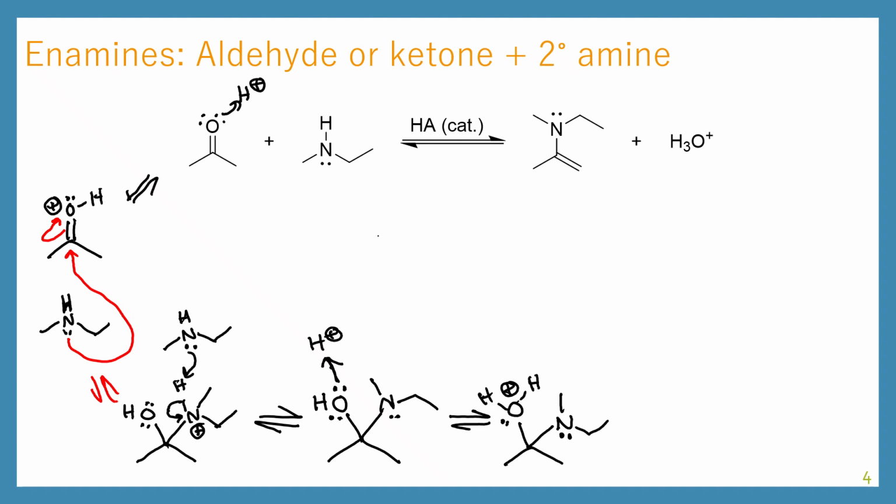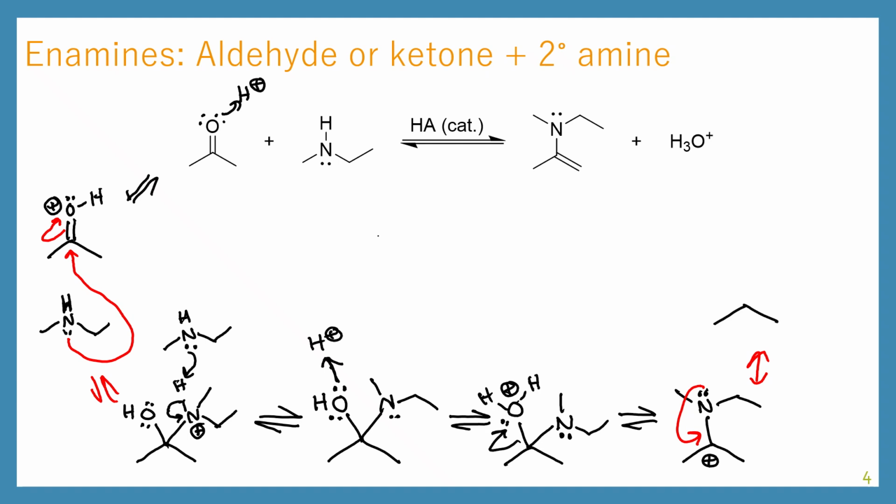So then water is able to leave. And I find myself here. Now last time we did a resonance form, and then we deprotonated our amine and we were at our imine.